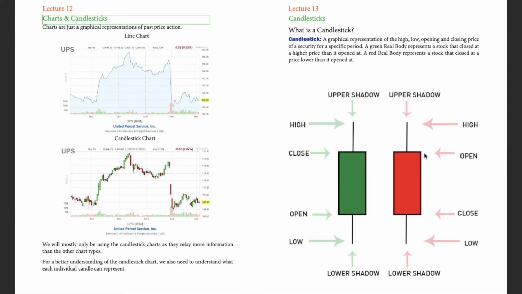But once it came to 96, buyers supported the price and started buying. Now let's say the price closed at 99. So in this scenario, the open price is 100, the high price is 102, the low price is 96, and the price closed at 99.